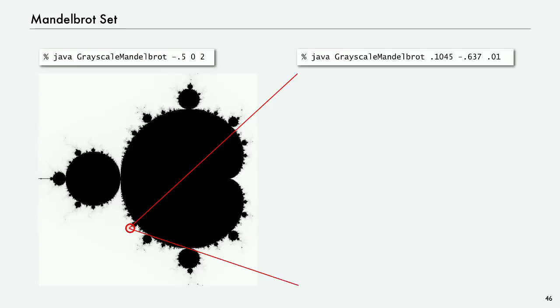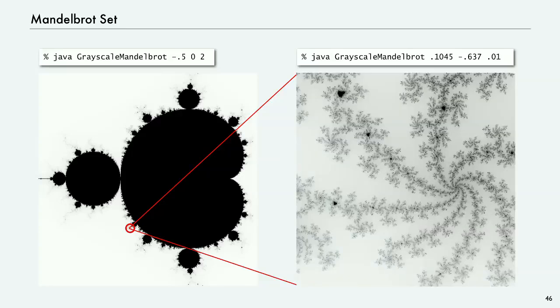Coordinates of that point is 0.1 and minus 0.637, and we'll blow it up 100 times by saying the size of our square is going to be 0.01. Get this amazing pattern that's completely different. And you can pick anywhere on here and blow that up and you'll get another amazing pattern.